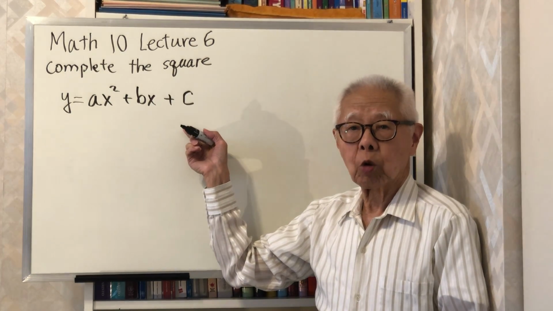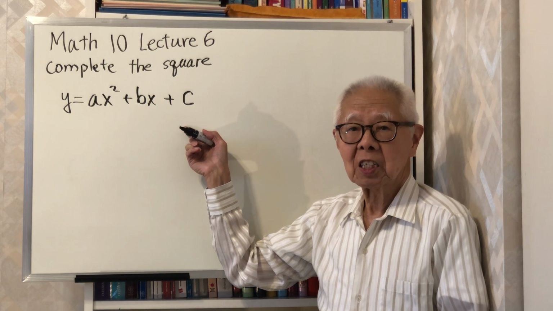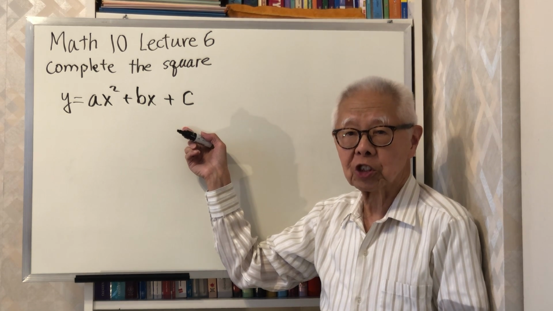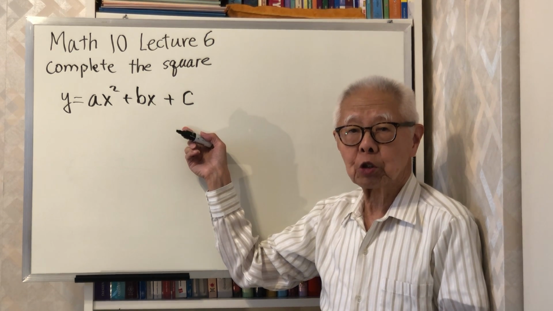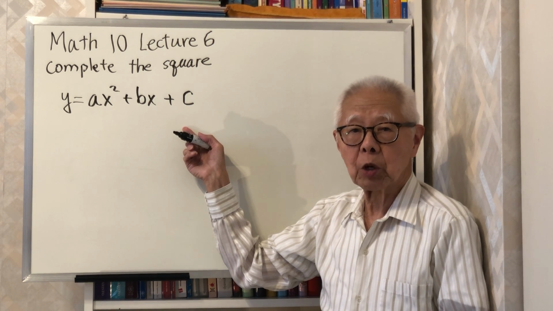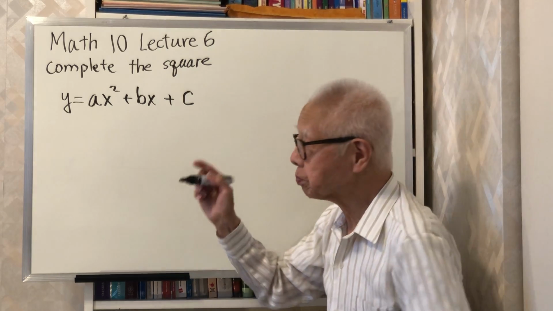We have a quadratic function y equals ax squared plus bx plus c. And we want to do complete the square, which means we want to change this to the vertex form.